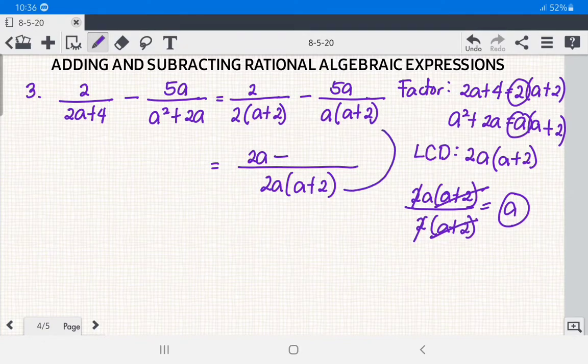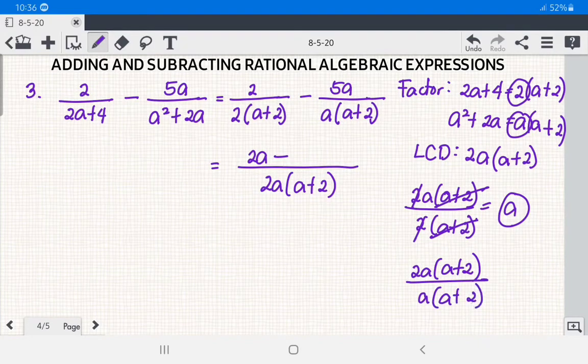2a times a plus 2 divided by a times a plus 2. So we're going to cancel a, and then we have a plus 2. So we only have now a 2, rather.